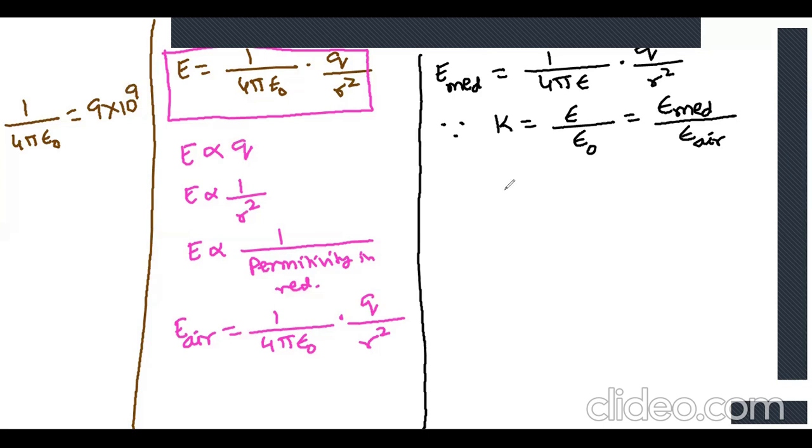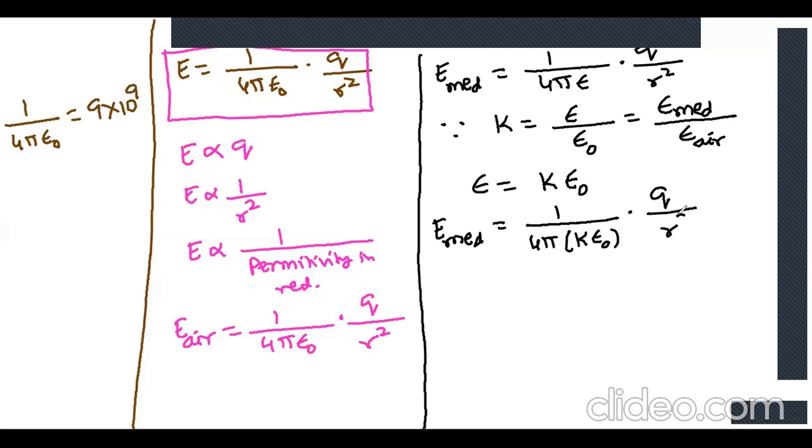So epsilon equals K times epsilon naught. Substituting, the electric field in the medium is 1 by 4 pi times K epsilon naught into Q by R square.